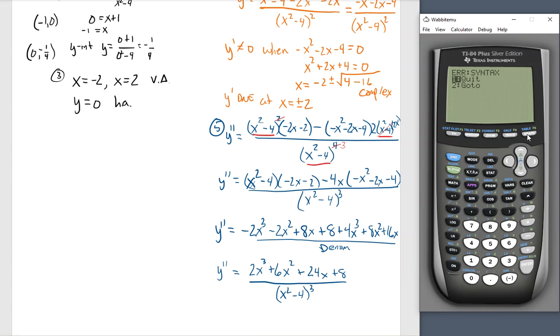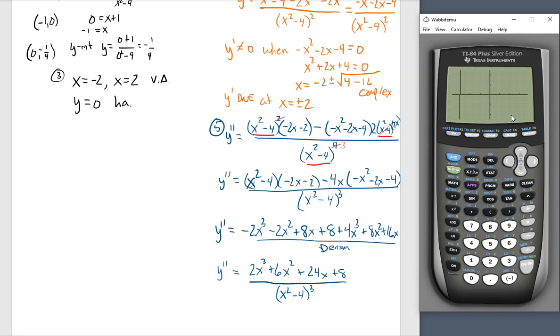So if I want to know where... I did something wrong. I'm getting used to parentheses. If we graph this, we go to zoom square. It looks like there's only one real zero, and that real zero is at -3.